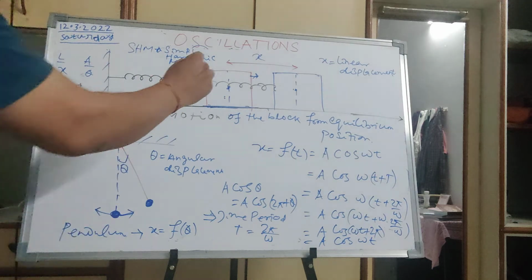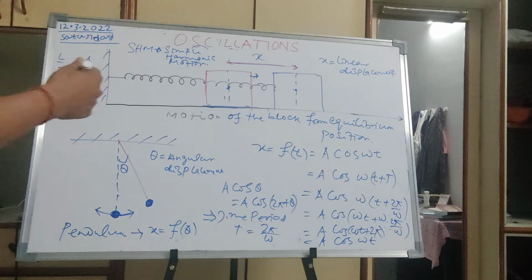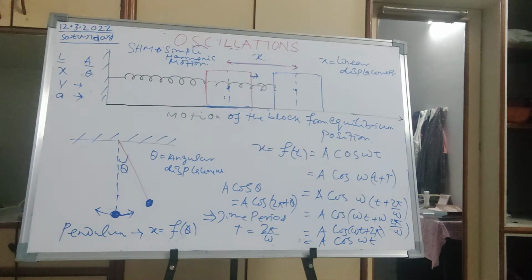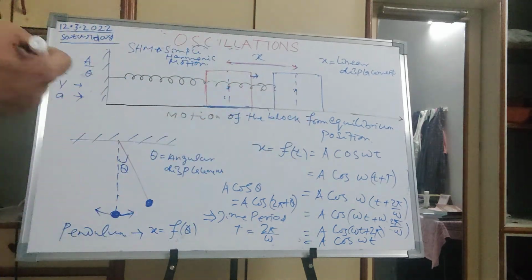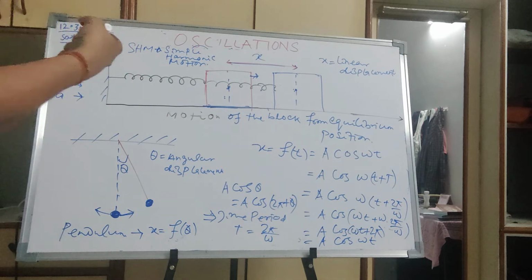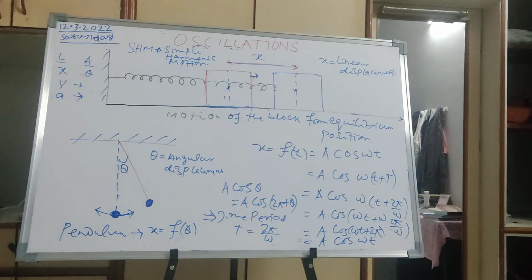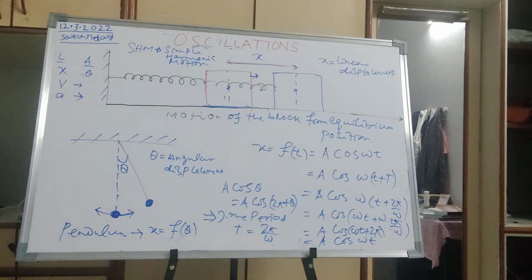Once you move it, it will go to the equilibrium position, then it will overshoot that equilibrium position. You are just pulling it. After that, if it is frictionless, it will go on oscillating about this mid position.